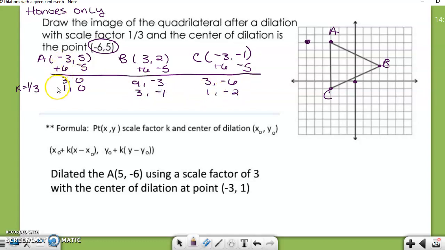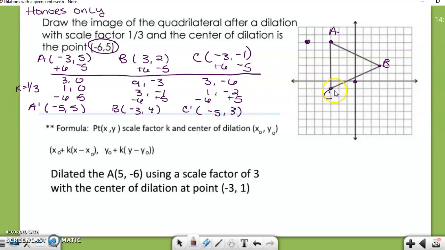And then I have to translate it back. So I'm going to add my -6 and my 5. Plus my -6, plus 5. Same process we've used in the other ones. Okay, and then when I get my results, that's going to be my A prime, B prime, and C prime.